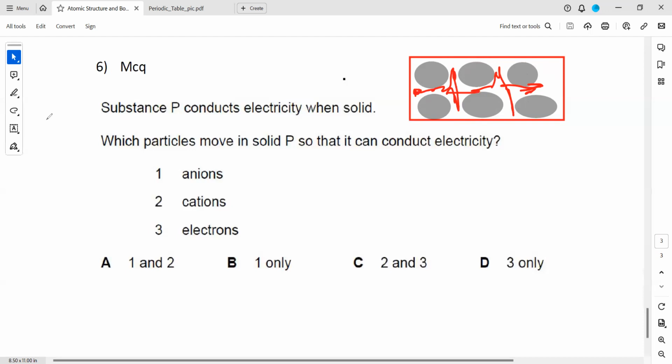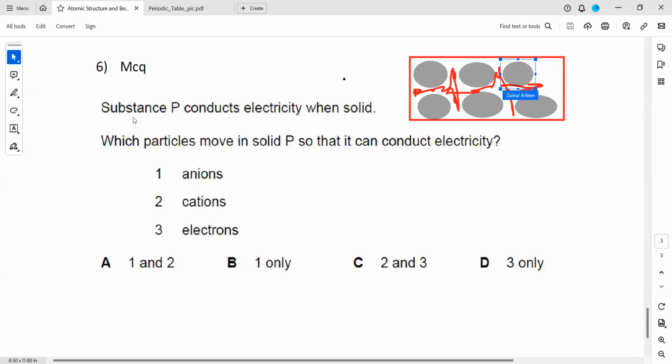Second, the vibration of the lattice can also conduct electricity. If this is a positive ion, when this positive ion vibrates, it causes the other positive ions to vibrate as well. This causes the neighbor to vibrate as well. That is also a transfer of electrical energy. So in metal, most of the conduction is by the movement of electrons, and part of it is by lattice vibration.